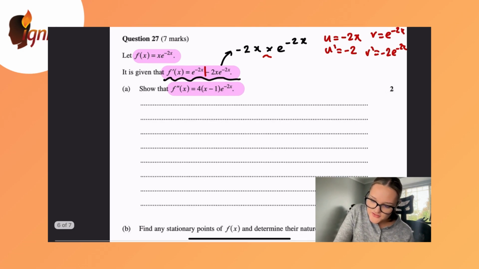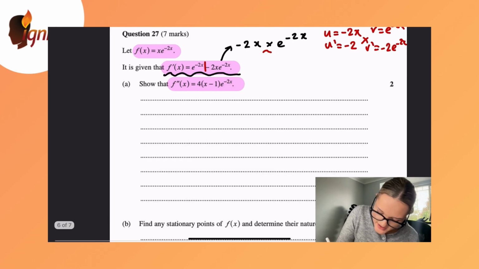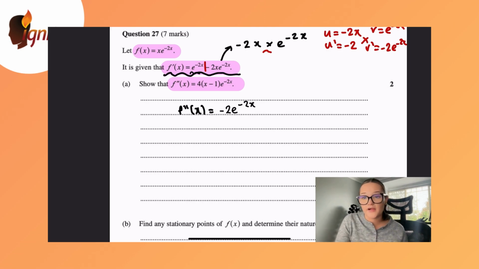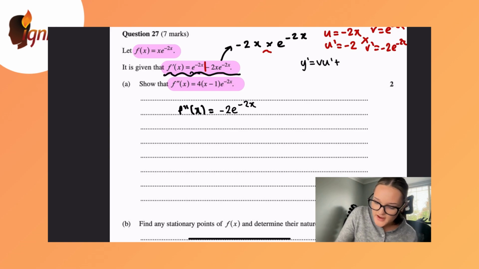If I want to rewrite f double dash of x based on f dash of x, I have f dash of x is equal to e to the negative 2x, so find the derivative of that first. Taking the derivative of the power, negative 2 out the front, negative 2 e to the negative 2x, and then I can apply my product rule formula, which is y dash is equal to v u dash plus u v dash.